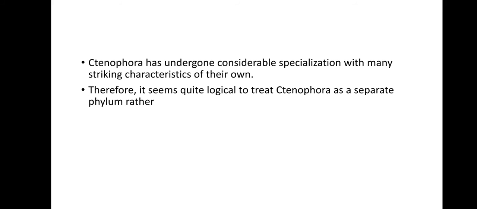That's why it is justified that Ctenophora should be kept in a separate phylum with its own specific features, even though the phylum is a smaller one, what we call a minor phylum. So that's why Ctenophora is a separate phylum under animal kingdom or under metazoa. That is about today's class. Hope you have understood the discussion.